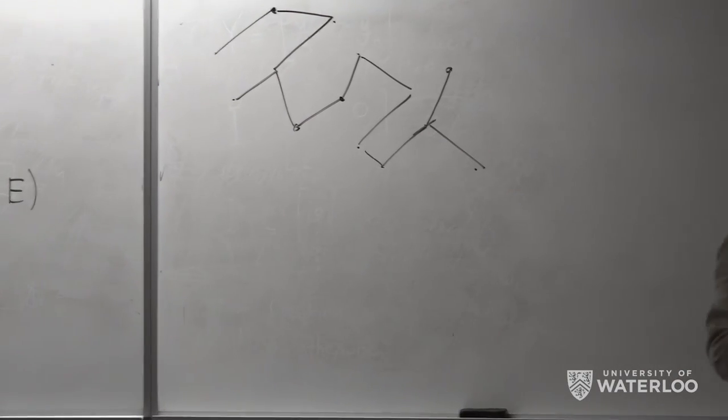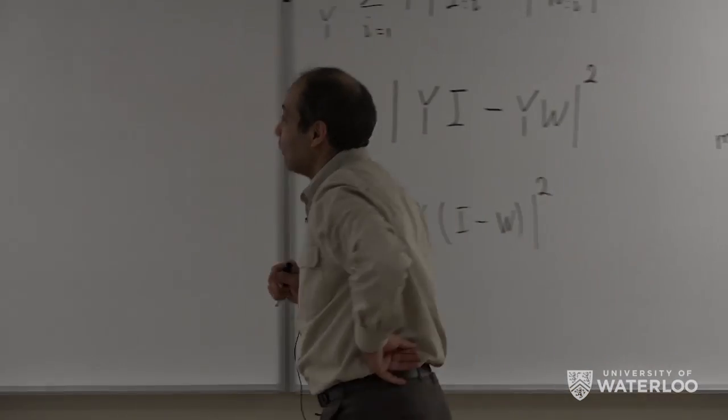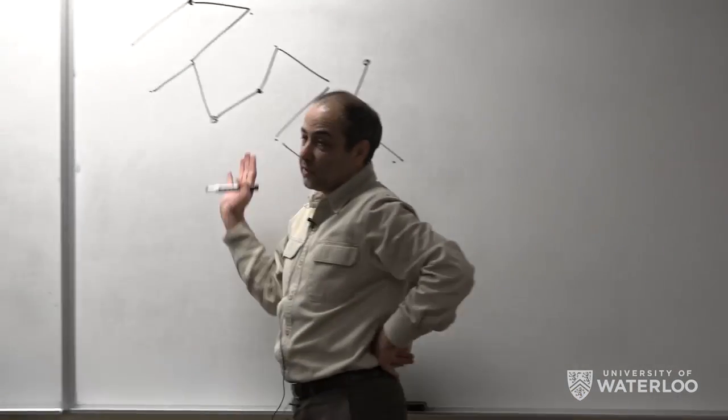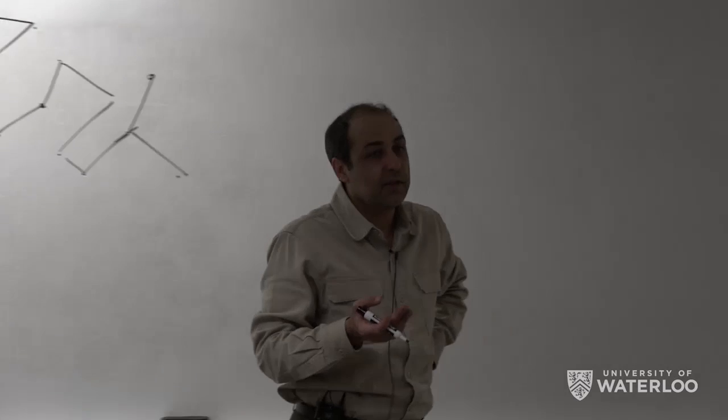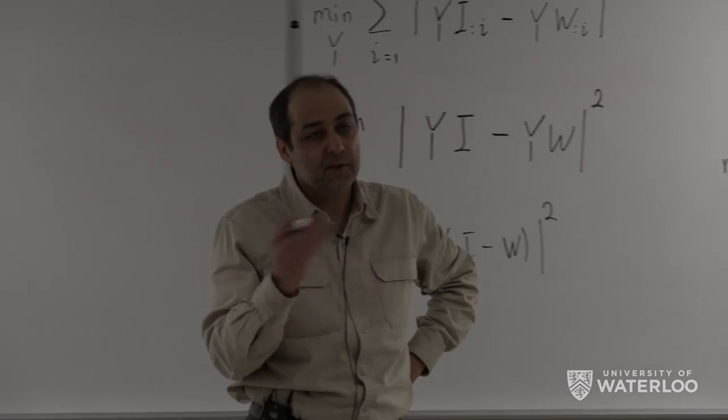How can I cut this graph to two parts? Well, I want points or nodes in one subgraph to be similar to each other, and nodes on the other subgraph be similar to each other.